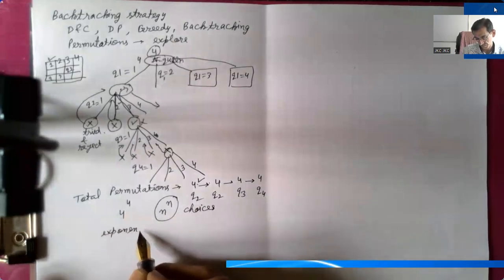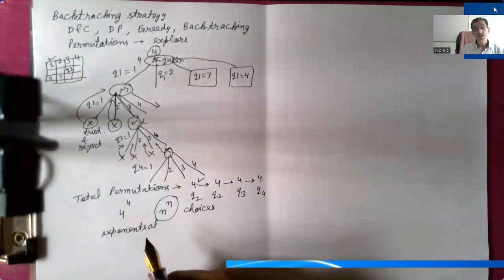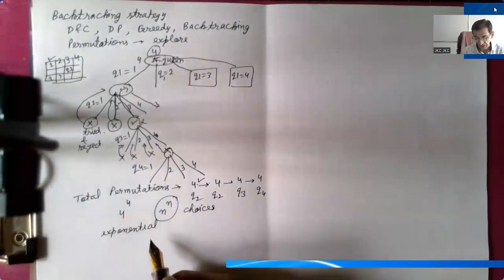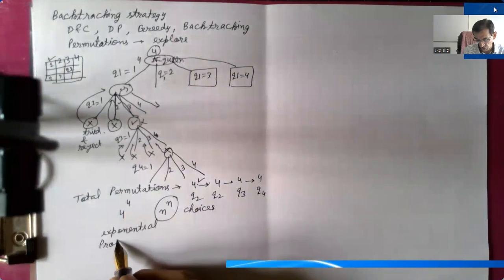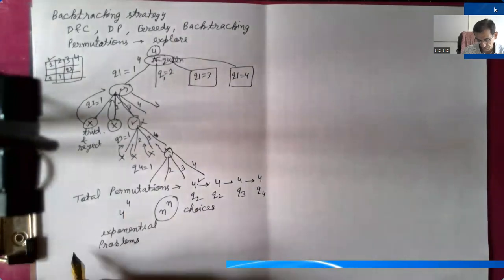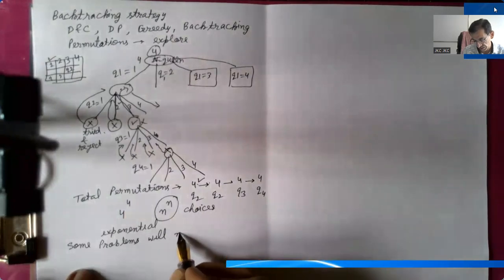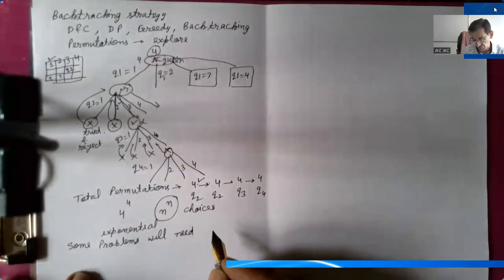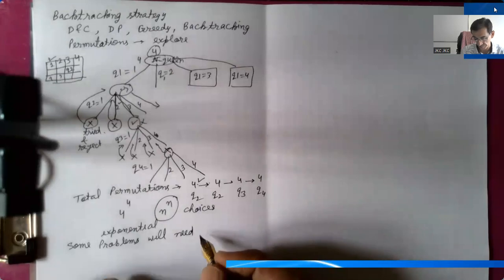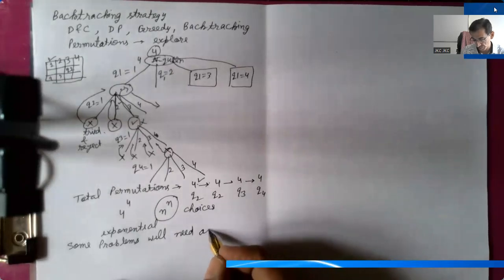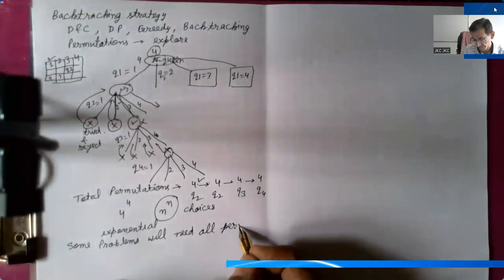But there will be certain problems where you need all permutations. Some problems will need such situations, and then there is no choice, you have to explore all of them. They will need all permutations to be attempted.